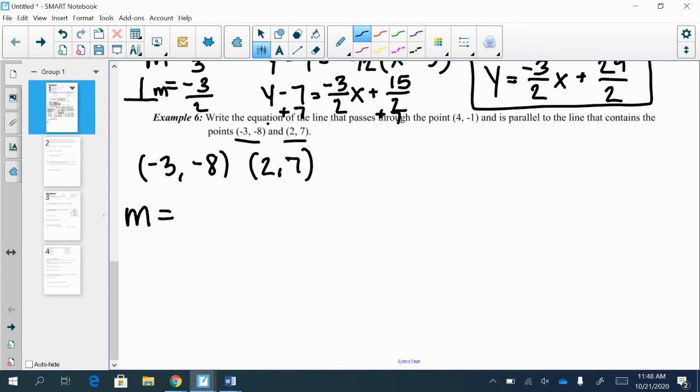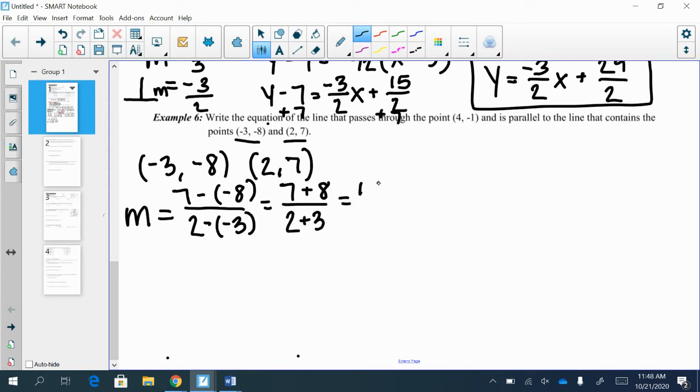The slope is the difference in our y values over the difference in our x values. So I'm going to go ahead and say 7 minus -8 over 2 minus -3. And this is really 7 plus 8 over 2 plus 3, or 15/5, which is 3.